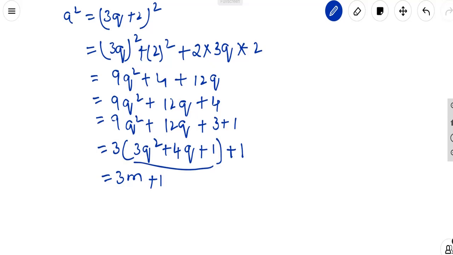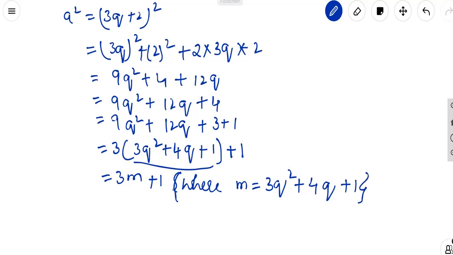So this is in the form of either 3m or 3m plus 1. So we have got it in the form of 3m plus 1. Okay, where you have to write this, either write it down or put it in a bracket or flower bracket, and write where m is equal to 3q square plus 4q plus 1, and close the bracket and write m is some integer, as he has given in the problem.